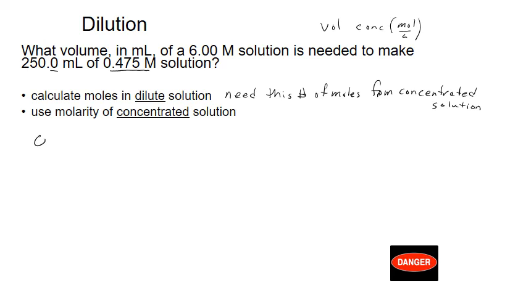Let's start with the 0.2500 liters of the dilute solution, multiply it by 0.475 moles per liter. Once the number of moles is known of the number of particles we need from the concentrated solution, that number can be multiplied by, for every 1 liter, 6.00 moles of that substance.